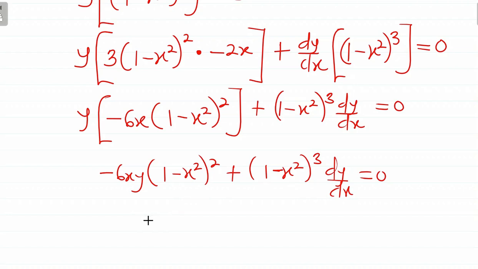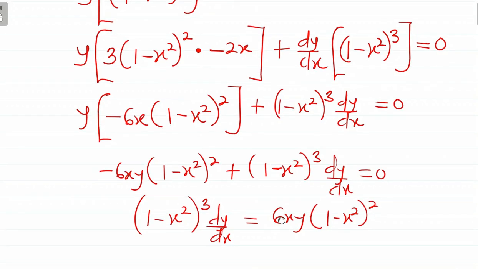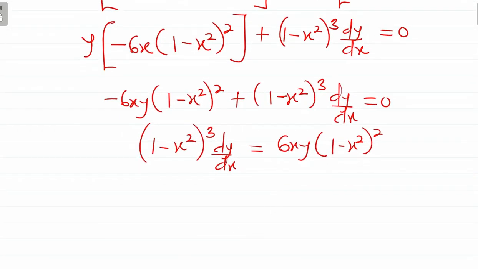So here we can say that (1 − x²)³ dy/dx is equal to, when you transpose this to the right hand side, 6xy multiplied by (1 − x²)².